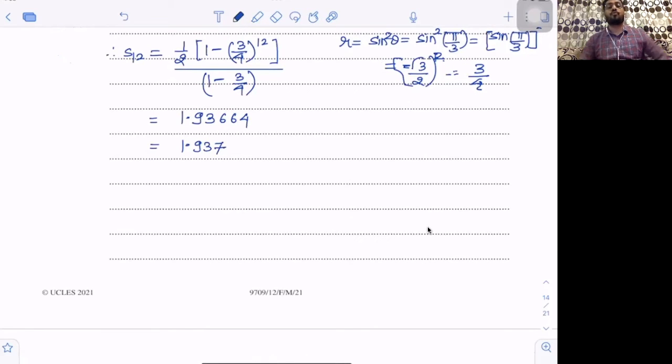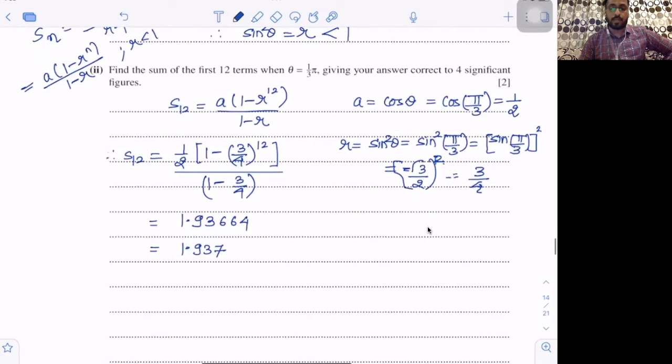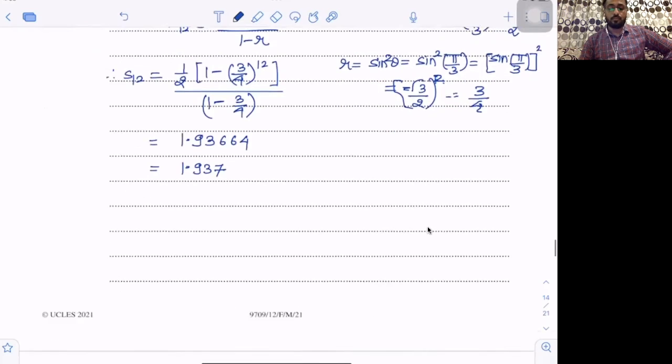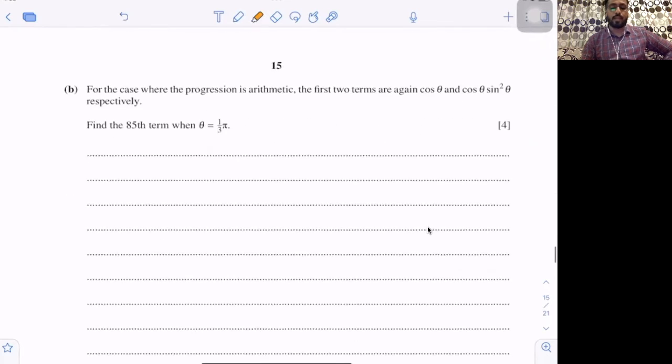So the sum of the first 12 terms when theta is pi by 3 is 1.937. So I can write here S12 is 1.937. That's my answer. Now we can proceed further to part B.